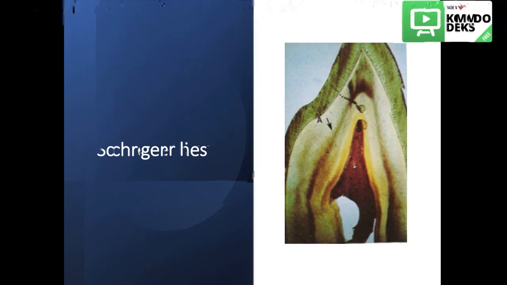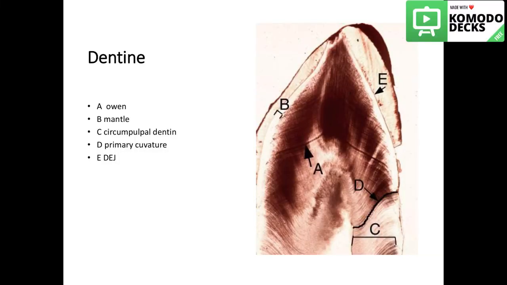Do you remember these lines? What did we call them in the enamel lecture? If you don't remember, go back and see what we called these lines in the enamel. Right. As you can see in this slide, the periphery of the dentine near the enamel is called the mantle dentine.